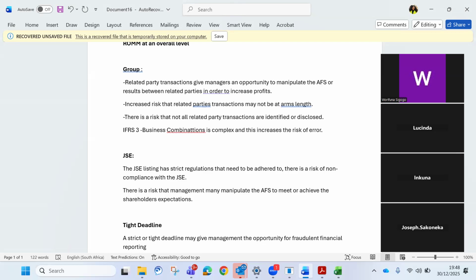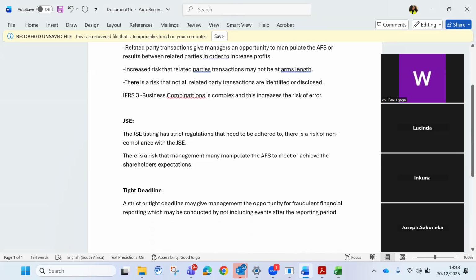Right? Why? Which may be conducted by not including events after the reporting period. Does this make sense?